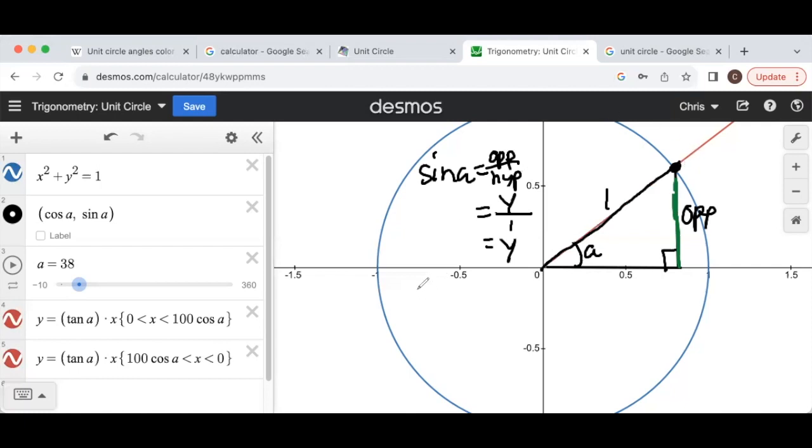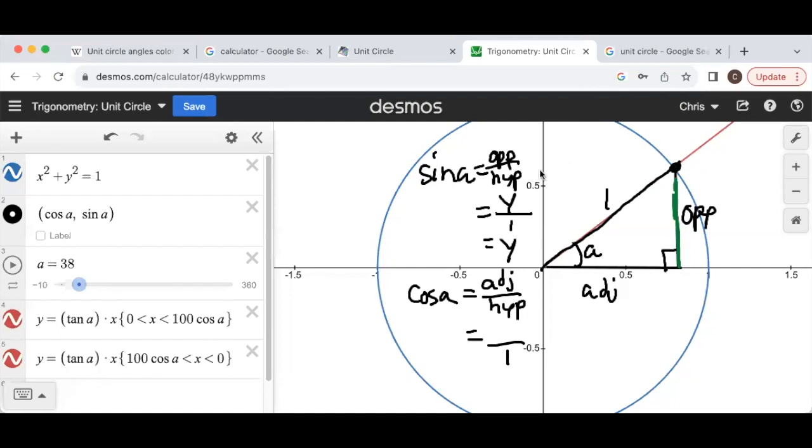What about cosine? What would the cosine of this angle be? Well, cosine is adjacent over hypotenuse, and this is the adjacent side. We just said that the hypotenuse is 1, so this is adjacent over 1. What's adjacent, though? Well, the adjacent side is basically just the x-coordinate of this point.